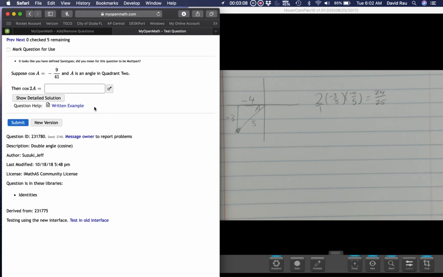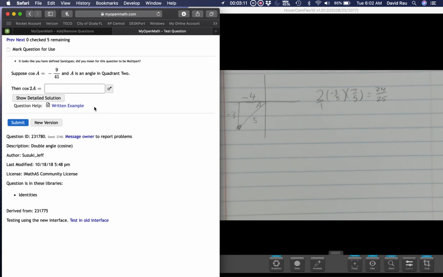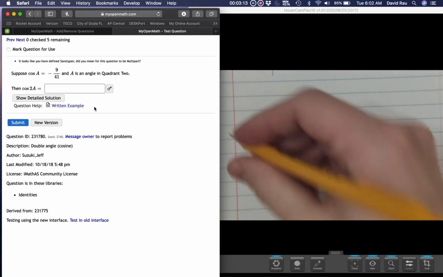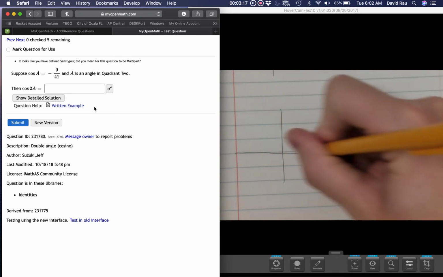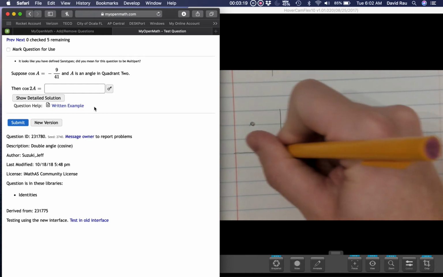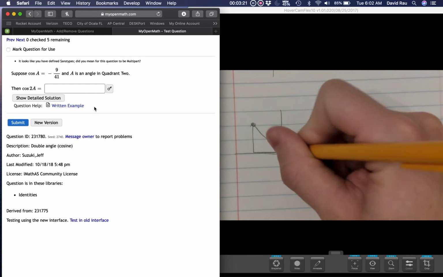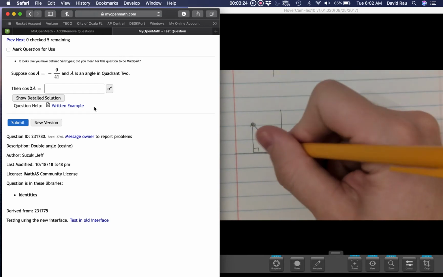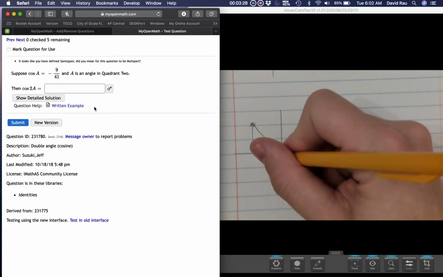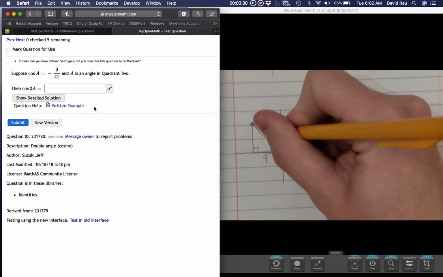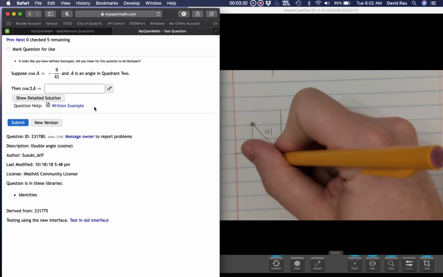Up next, we've got some wilder numbers, but we're given a cosine value. And that cosine value is in quadrant 2. So in quadrant 2, I move left and up and connect back. I'm given A, and let's see here, I get adjacent is 9, and hypotenuse is 41, and this is negative.